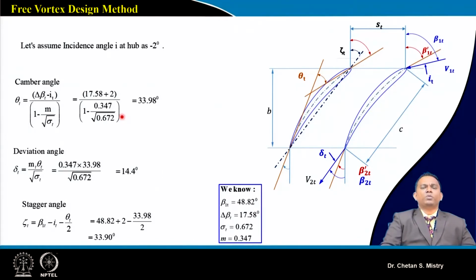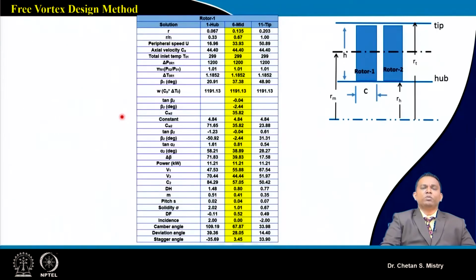Now, as we have discussed earlier for the stage calculation, in line with that we will have all these parameters. Combined, we can say hub, mid and tip station. If we make the observation, my CW2 is coming 35.82, and my delta beta near the hub station is coming to be large, say 71.83.